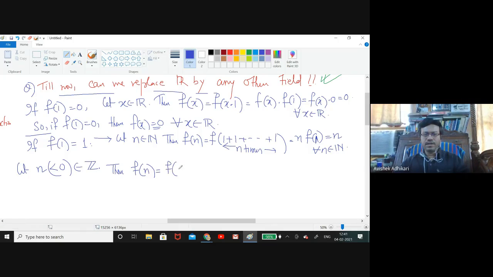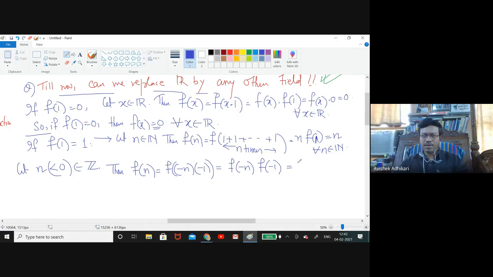We can write f(n) as f of minus n times minus 1. Now from ring structure, we have f(minus 1). As you know, the value of f(minus 1) is minus of f(1), and this value is minus 1, right? So that's the basic property of homomorphism.